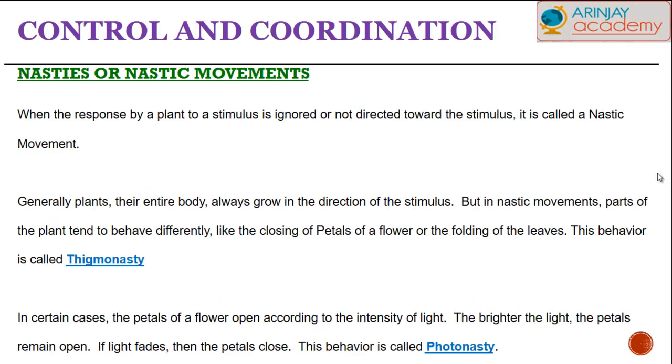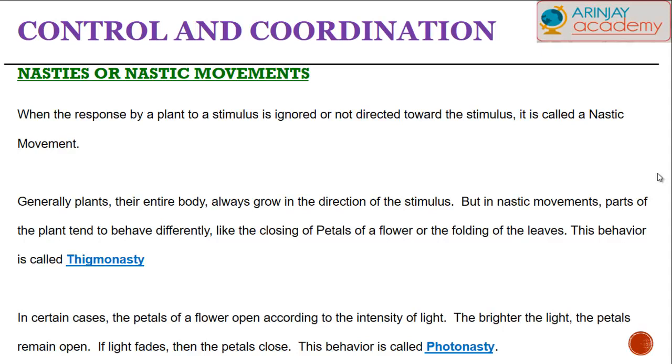What do we mean by nasties or nastic movement? We know that animals and plants have the tendency to always respond to a stimulus. But when a response by a plant to a certain or a specific stimulus is ignored, it is called a nastic movement.